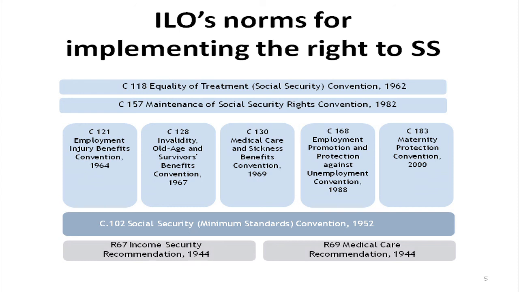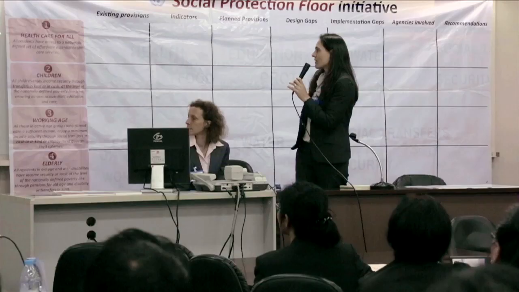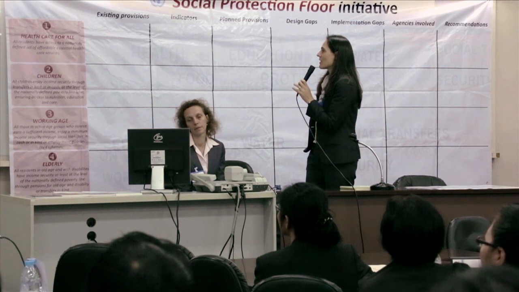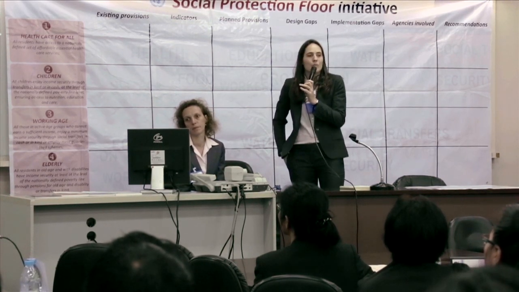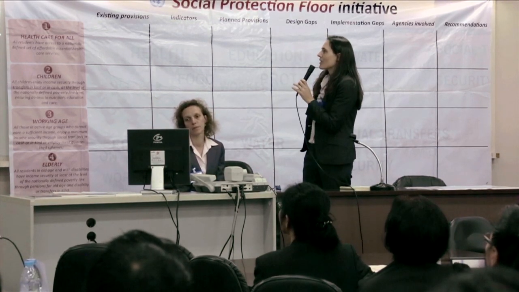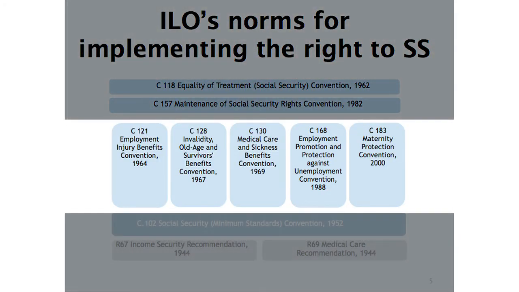But then along the years a number of other conventions were developed to complement some particular branches of Social Security, to come with additional details on how a scheme should be implemented. So you have one for injury benefits, one specifically on old age and survivors' benefits, one on medical care and sickness, another one on unemployment benefits, which is linked to promotion of employment, and also one on maternity protection.